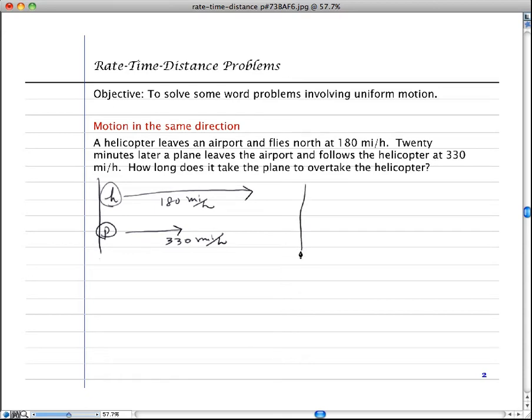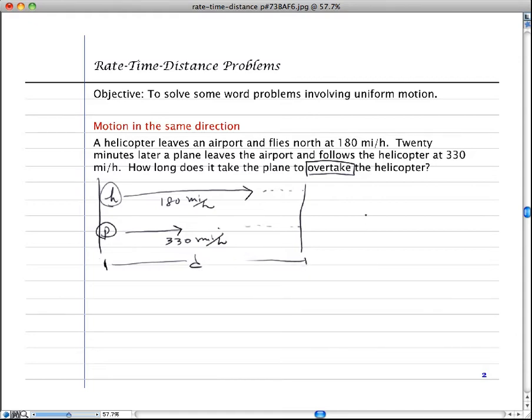But what the question is really asking is, when does it overtake the helicopter? Meaning, at what time do they meet? If you look at the picture right here, the distance they covered is the same.